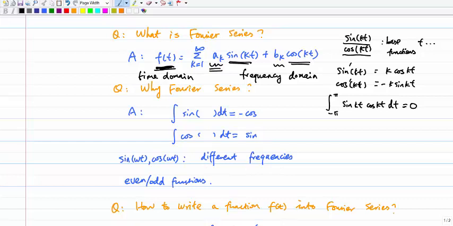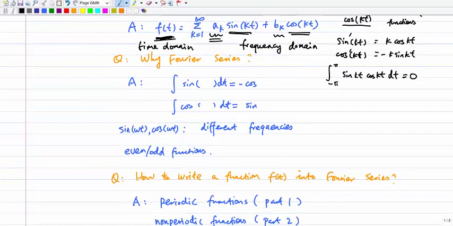Sine and cosine also have the property of being even and odd functions. I'll talk about that later on, what the even and odd functions are. There are very important properties of even and odd functions that we can use to simplify a lot of computations.